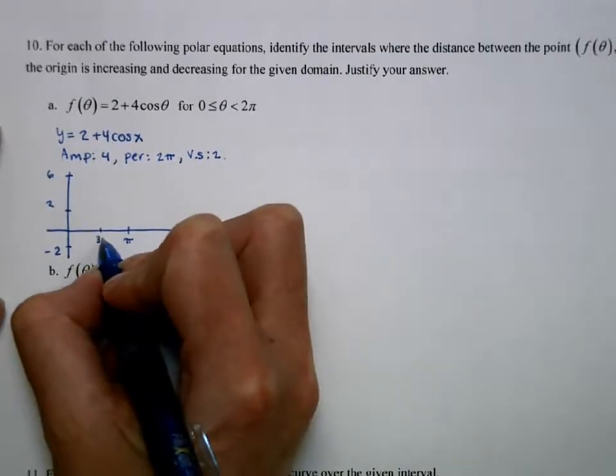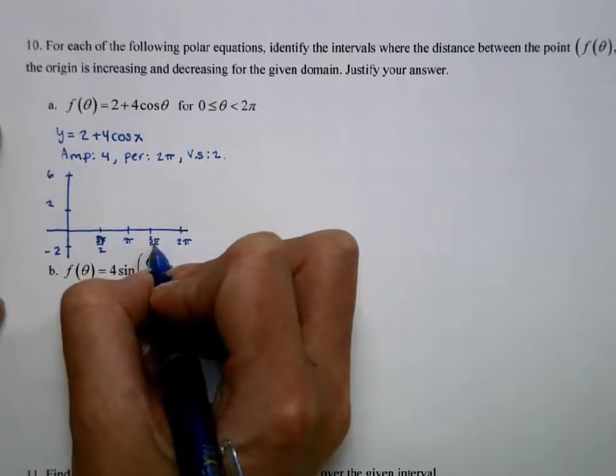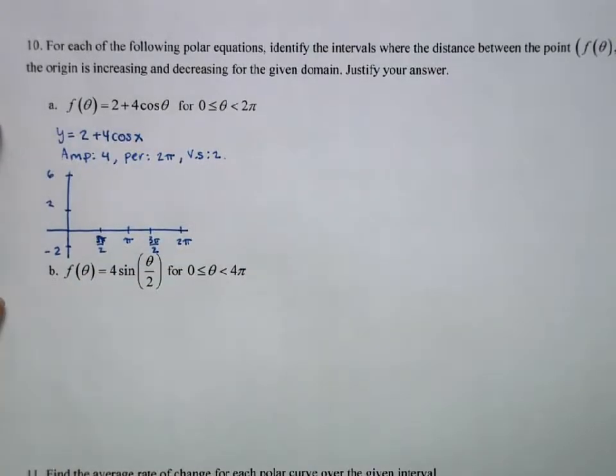Okay, we are graphing a positive cosine, so that's going to start at the maximum, to that middle at 2, minimum at negative 2, and back up.